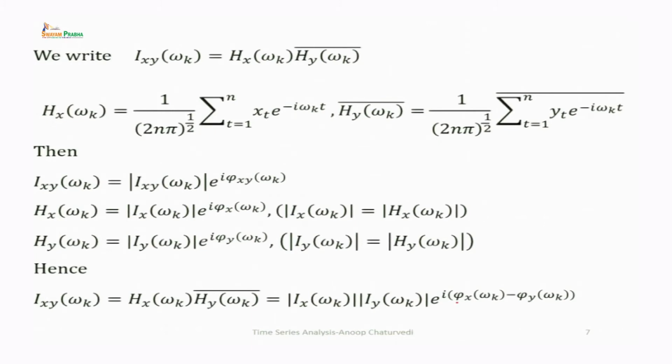So, here this part φ_x(ω_k) minus φ_y(ω_k) gives you the difference in phases of the two time series x_t and y_t.